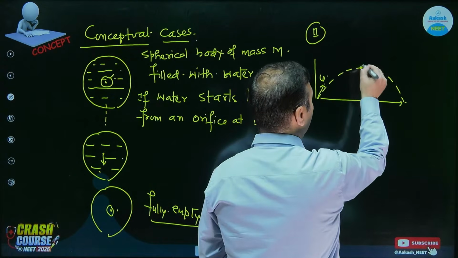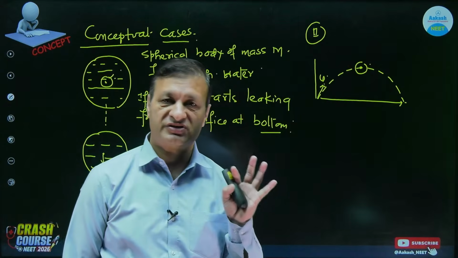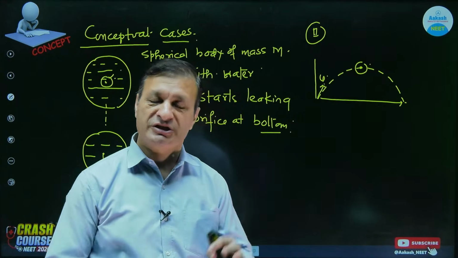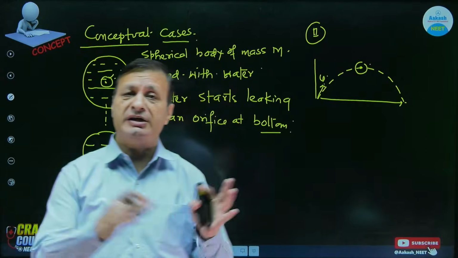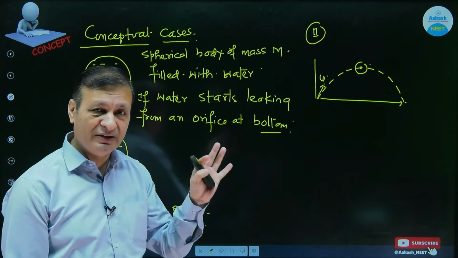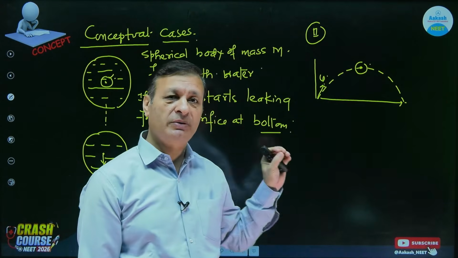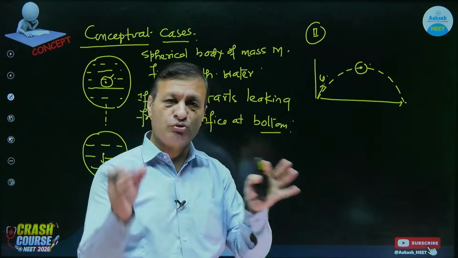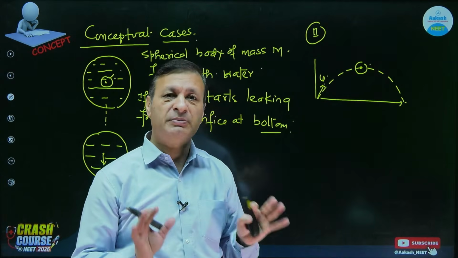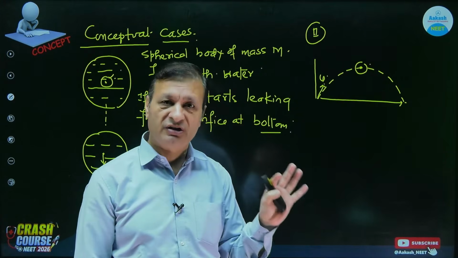At the highest point of its trajectory, this projectile bomb splits into n number of particles, maybe 2, 3, 4, or whatever it is. Now first we need to understand that because the explosion is purely because of internal factors, there is no external force involved. It means its momentum will remain conserved.